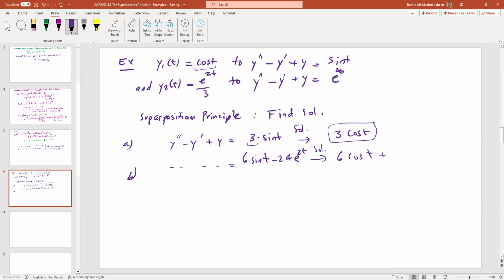Then we're going to add for the second one, you see this non-homogeneity here, but we have 24 with the negative there. That means negative 24 times y sub 2. And that's the solution we expect. So if we know the parts, then we know the sum. That's kind of the idea.